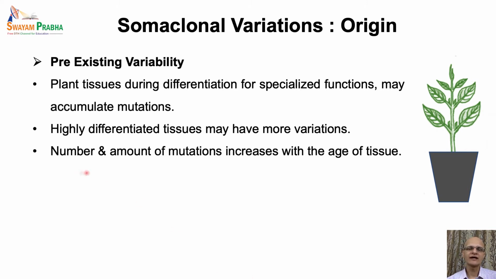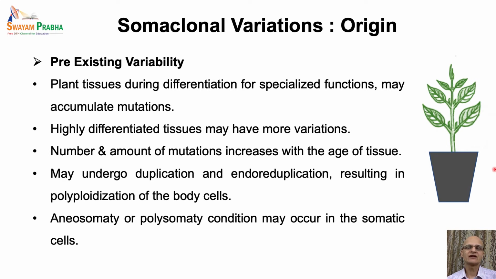The number and amount of variations increases with the age of tissues. That means a highly specialized leaf tissue would have fewer mutations when it is younger as compared to the mature leaf tissue. Even duplication and endoreduplication may occur in the specialized somatic cells.